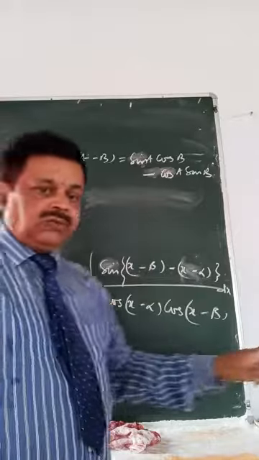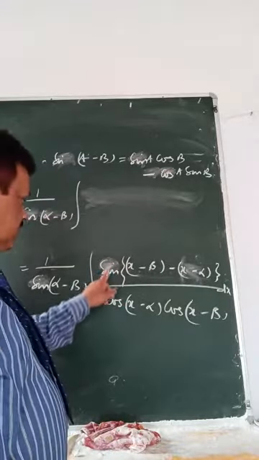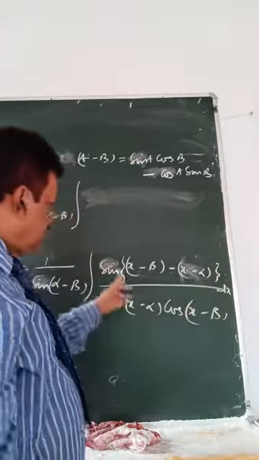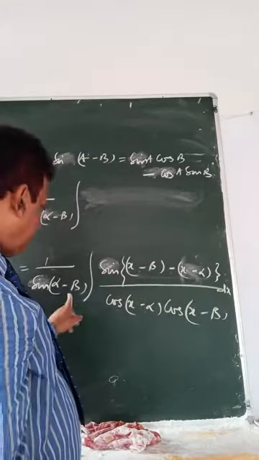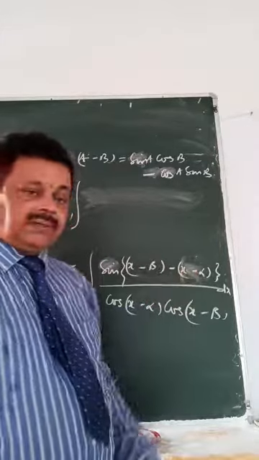Look, sin A minus B. So once more I am reminding you, you have to divide by sin alpha minus beta. Whether it is cos or sin, you have to make it sin alpha minus beta. I have done that here. You are getting sin alpha minus beta. X will be cancelled.